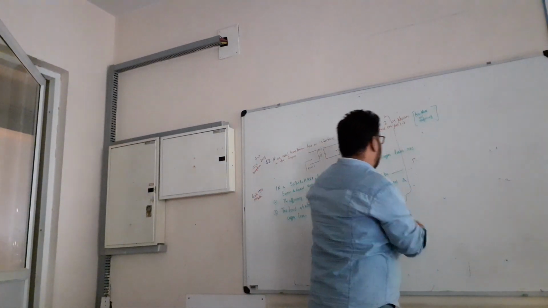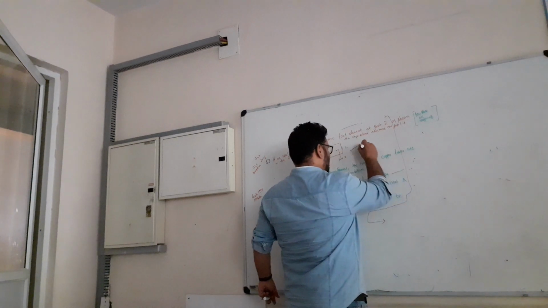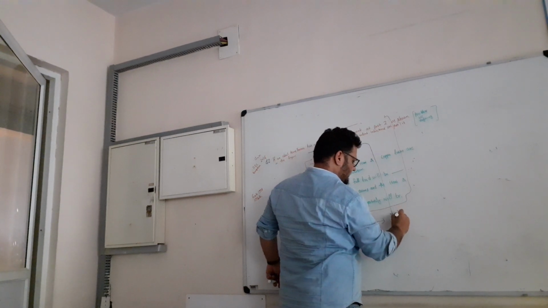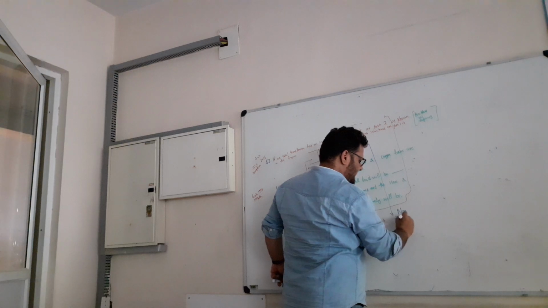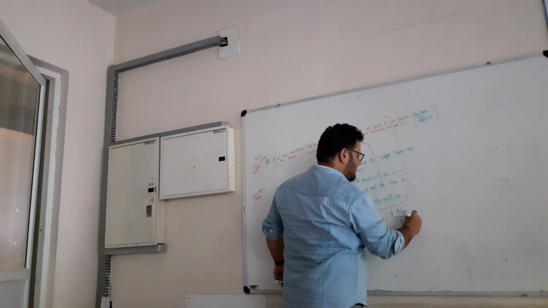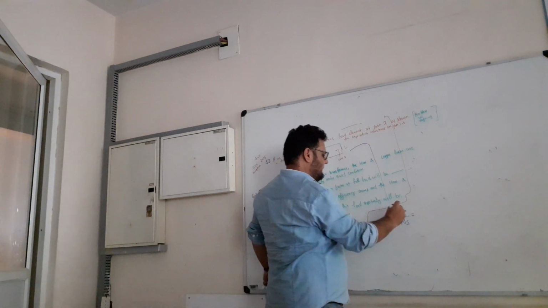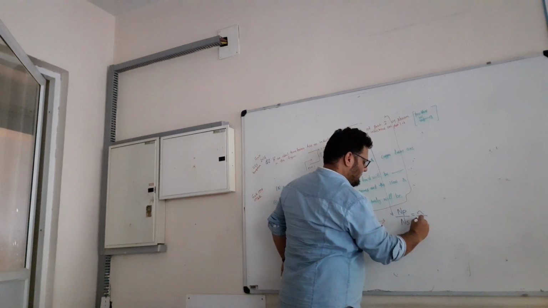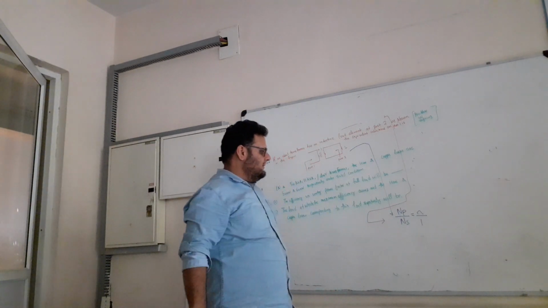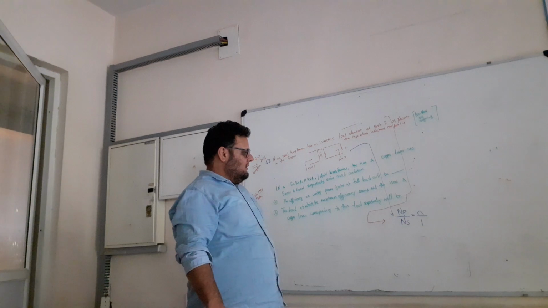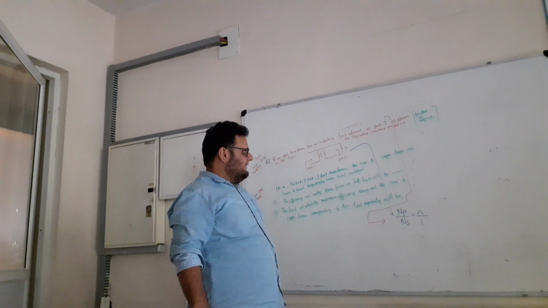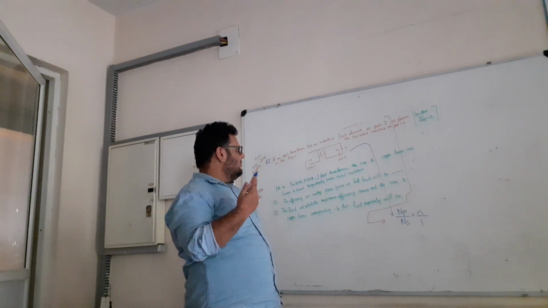First of all, you have to write what you want from this. You have NP by NS. NP is N and NS is 1. So this is your transformer ratio, NP by NS, primary side by secondary side.